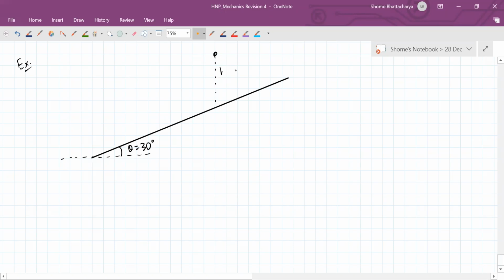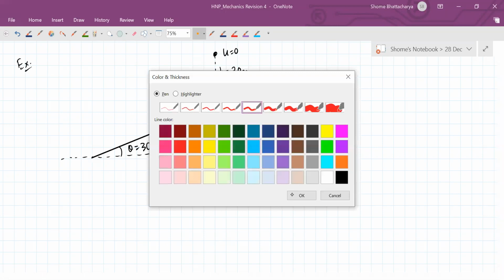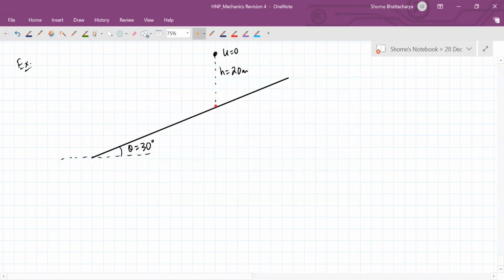We drop it from a height of 20 meters. Now what we observe is that immediately after impact, the particle goes off with a horizontal velocity. So the velocity after the collision is horizontal.